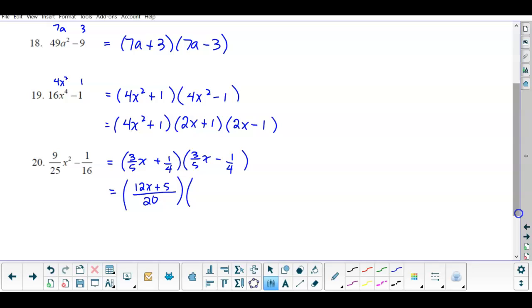This would be 12x minus 5. And so really that's the same as 1 over 20 times 20, which is 400. You could show it like that as well.